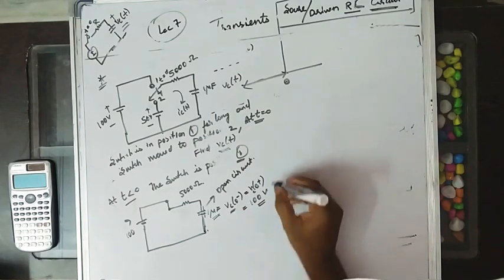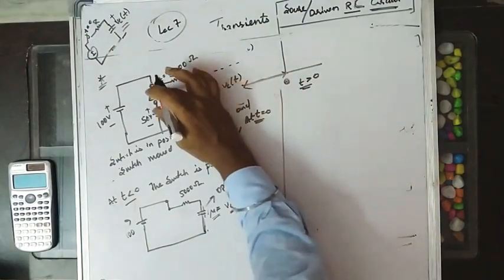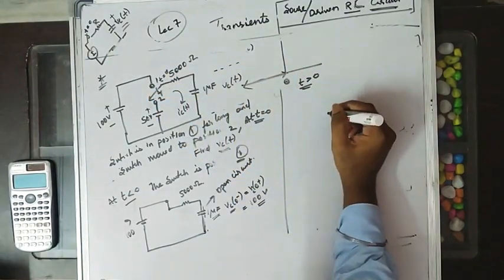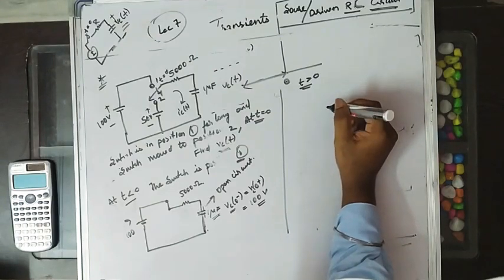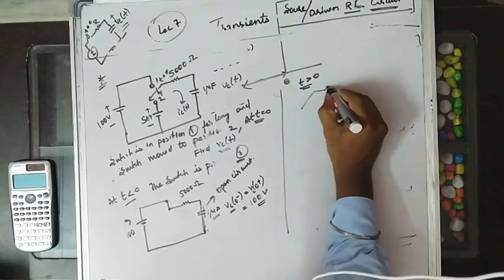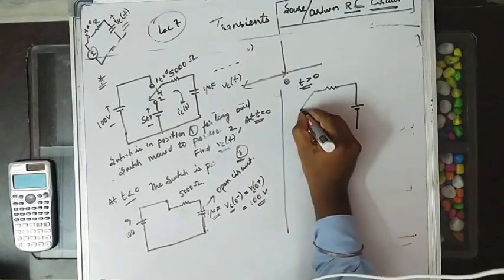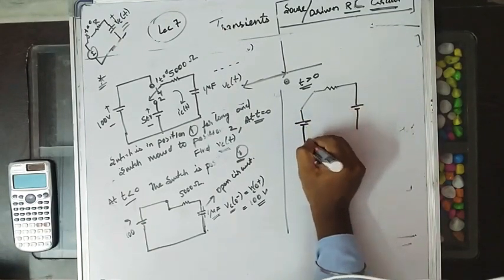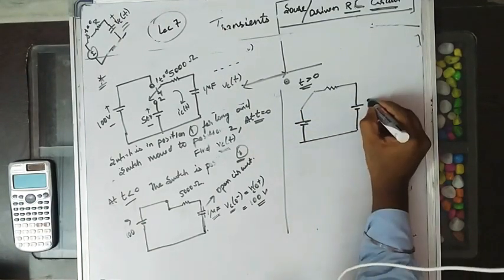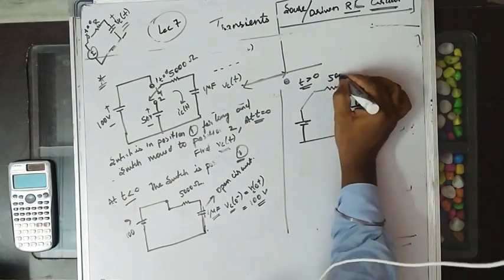Now for t greater than 0, the switch is moved to 2. So you are interested in finding Vc of infinity.